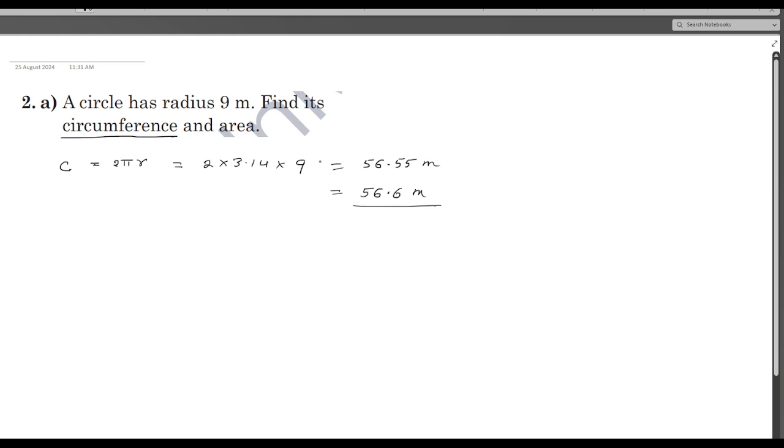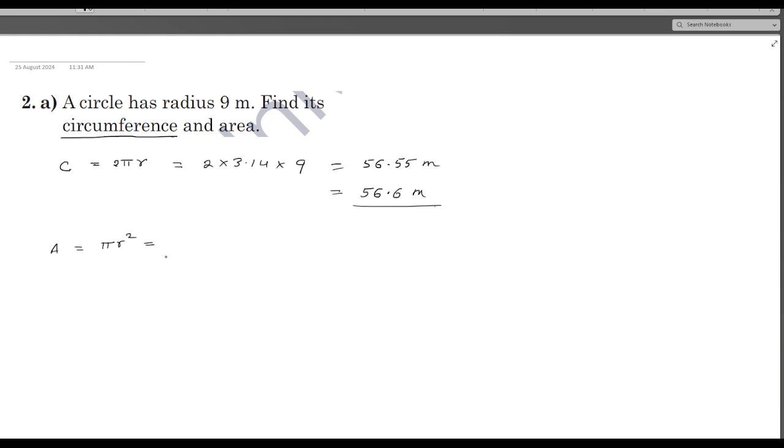Next, find its circumference and area. Okay, next I have to find out the area. So area is pi r square. So here the value of r is 9, value of pi we will take 3.14 or from the calculator.